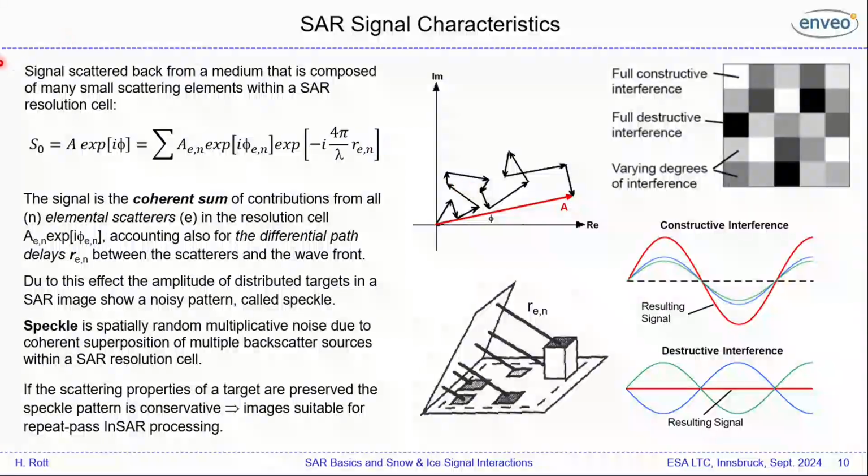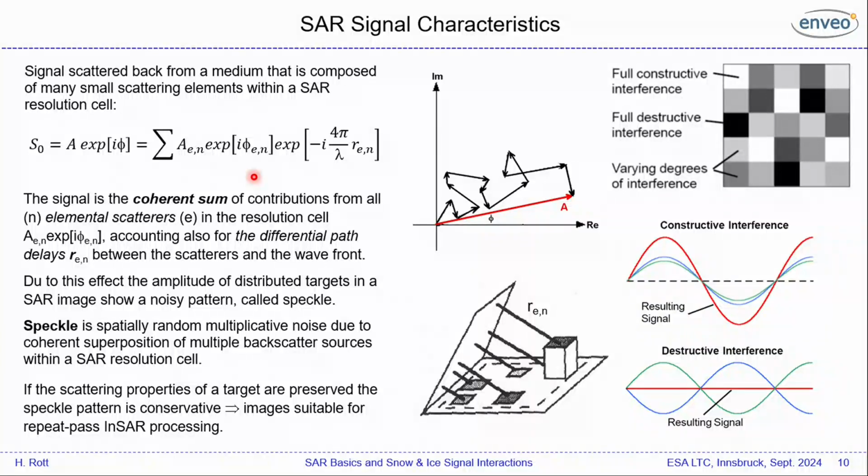This is an equation that the total amplitude and phase is the vectorial sum of all these individual contributions in amplitude and in phase.